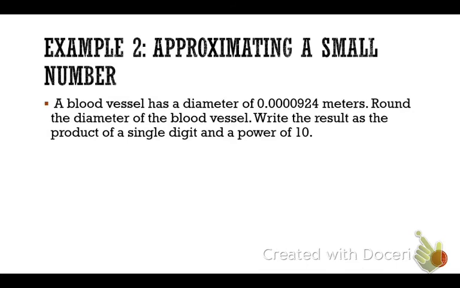First of all, the problem is it's expressed in meters; it should be millimeters. We'll talk about that later. Round the diameter of the blood vessel to the leading digit, and write the result as the product of a single digit and a power of 10.